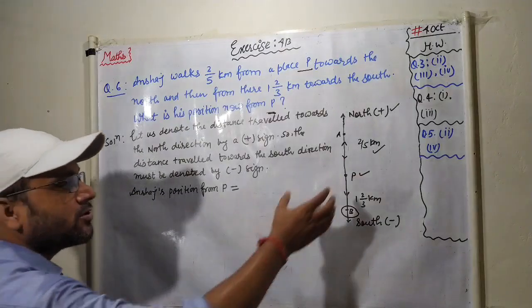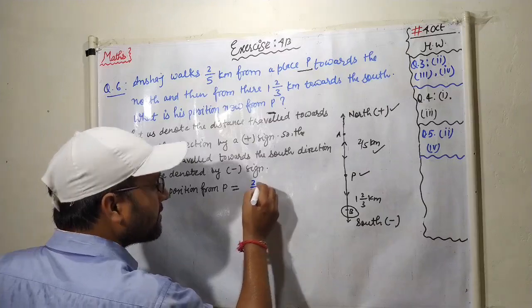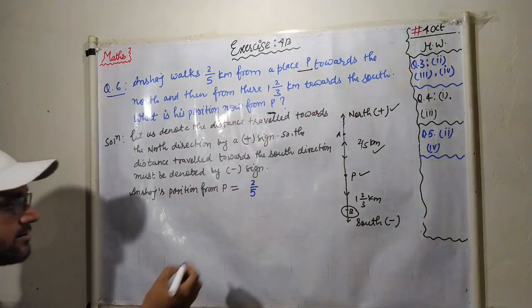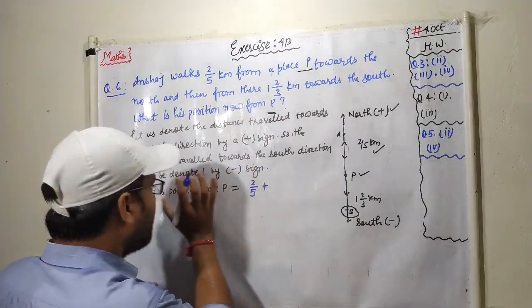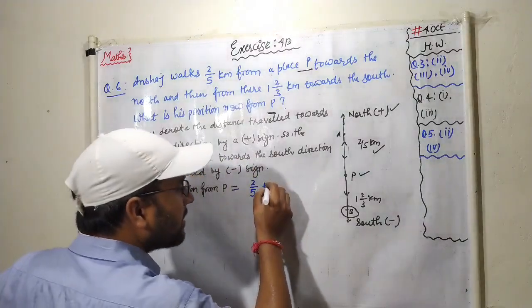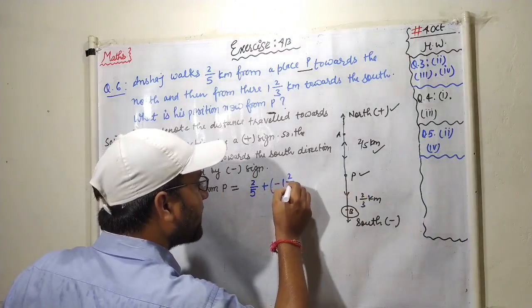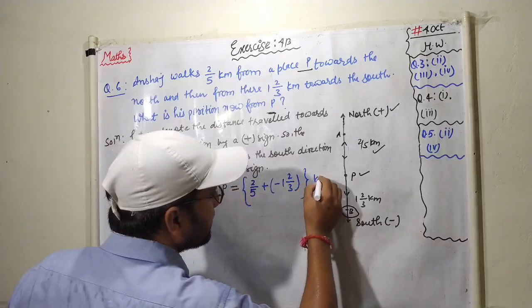So first we move 2 by 5 km. So first we write this 2 by 5, and then plus the total distance covered by Ansaj. Okay, this is in negative, so minus 1 whole 2 by 3, total distance covered by Ansaj in kilometer.